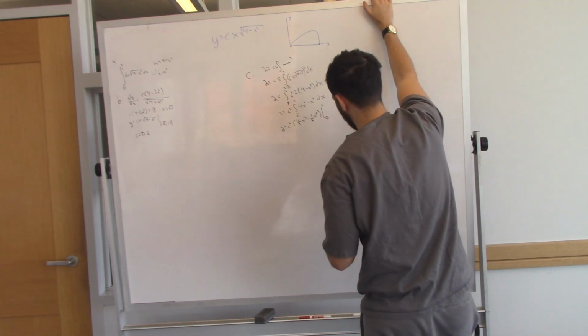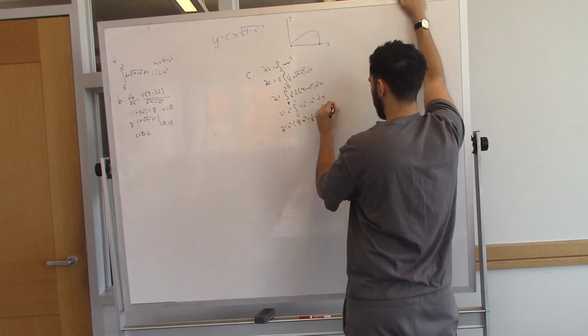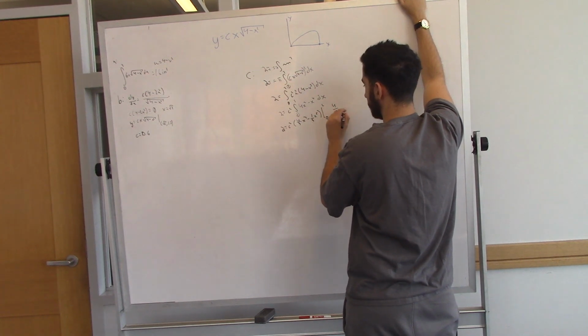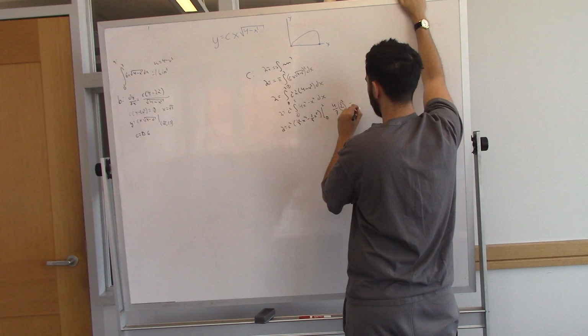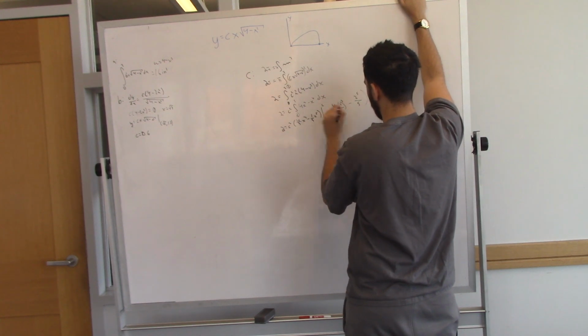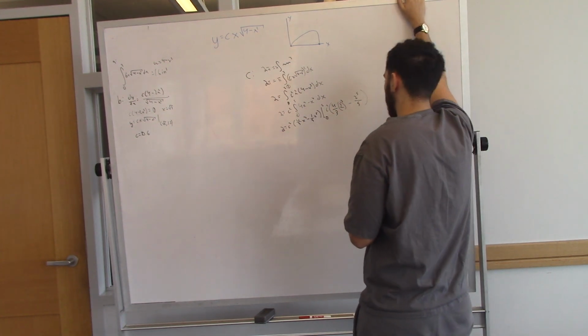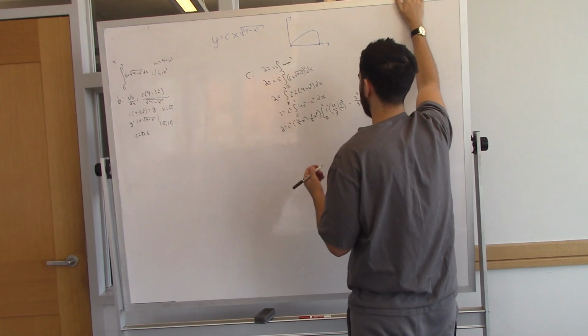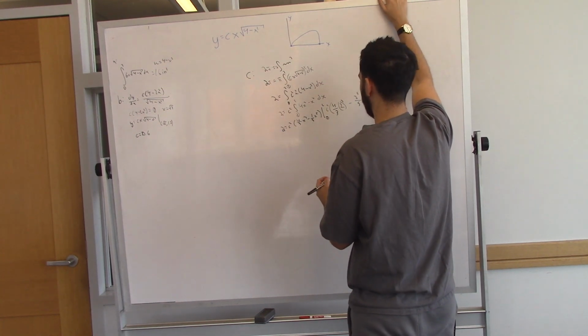Now comes the tricky part though, because then you have to plug in 2. So we're going to have 4/3 times 2 cubed minus 2 to the 5th over 5, and then all of that times c squared. Now, this is some annoying math with fractions, but it's actually not going to be that bad.